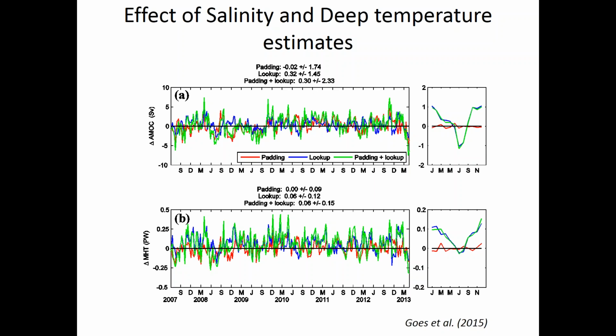I'll just go quickly here and show that if we don't include the seasonality, we can have a seasonal signal in the residual of the AMOC and meridional heat transport, and that is due to the lookup, in blue. And when you add the padding at the lookup table, we see that residual variability.